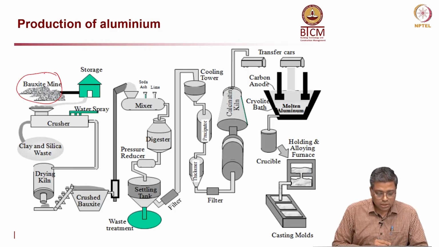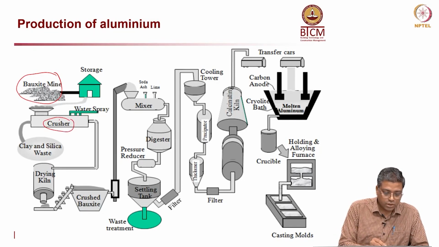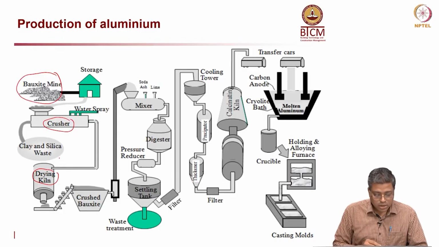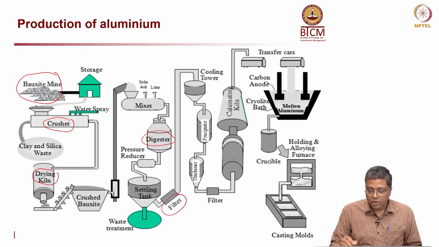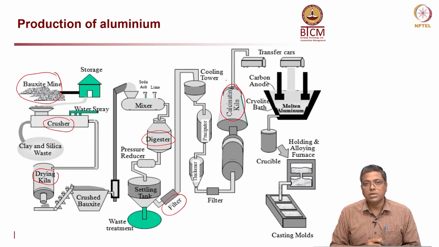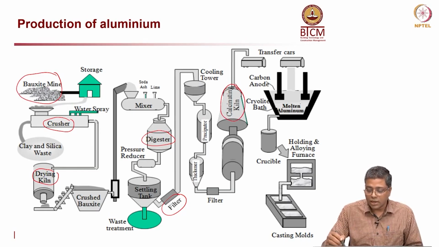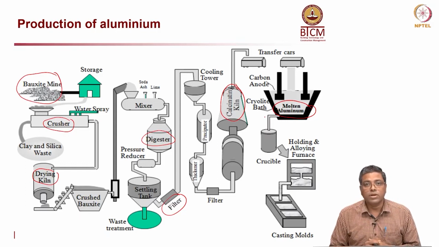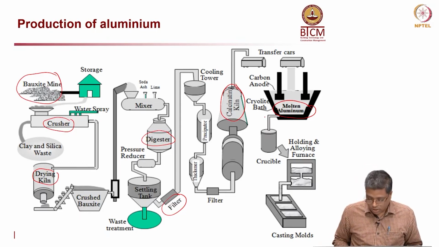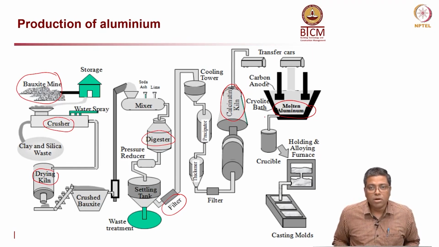Bauxite is crushed into smaller size and then it is dried after mixing with water, and then you have further mixing processes, digestion processes and then filtration, etc. And then eventually the material is heated or calcined, and then finally you get the molten aluminum, and then it is poured into different casting molds for further usage. So, this is the brief on how aluminum is produced.